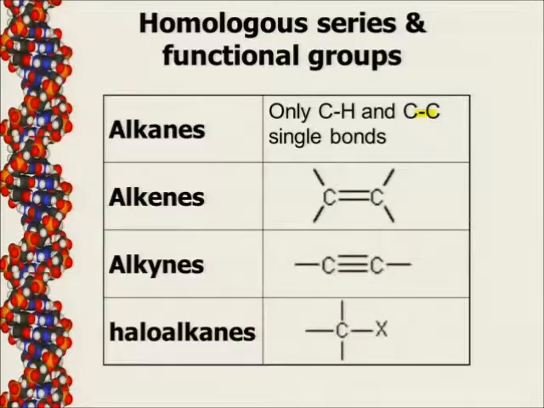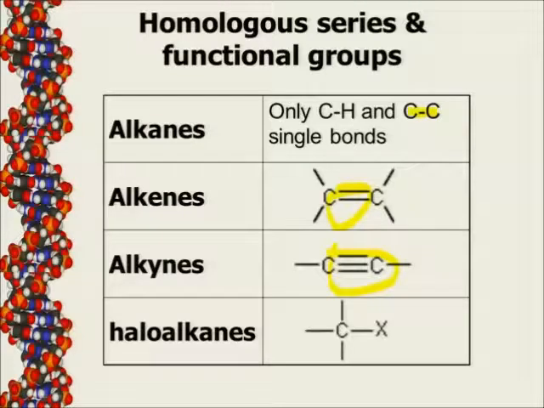If you've got a single bond between two carbons, then you know that this compound belongs to the alkane. If there are double bonds between two carbons, you know that this one is the alkene. And the triple bond between two carbons, that one is the alkyne.